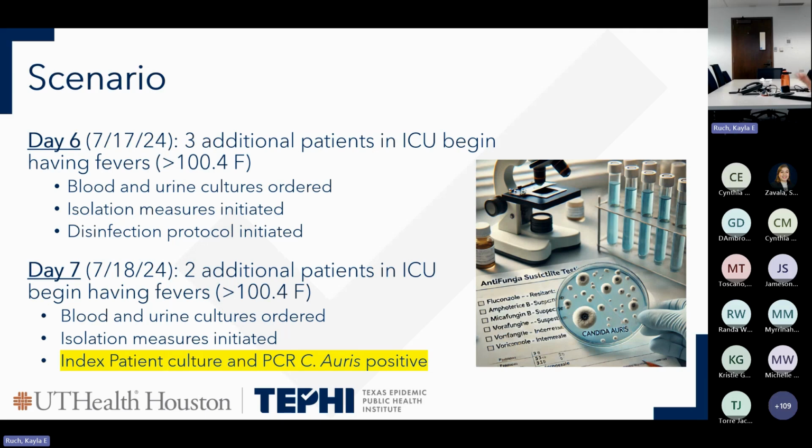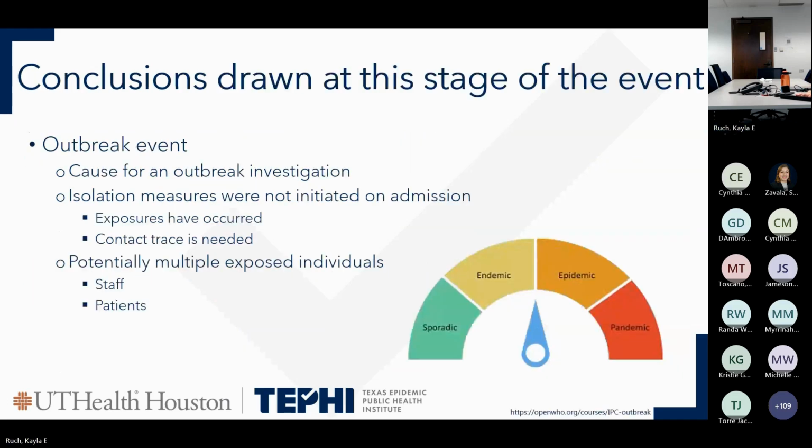We will now start the contact trace. And by we mean another individual within the healthcare facility, another infection preventionist, will start the contact trace to identify other patients and staff that have been exposed during this time where infection prevention and control isolation measures were not implemented. So now we know that there is an outbreak. We have multiple people in our ICU that are symptomatic with C. auris.